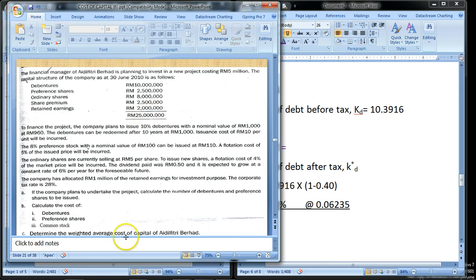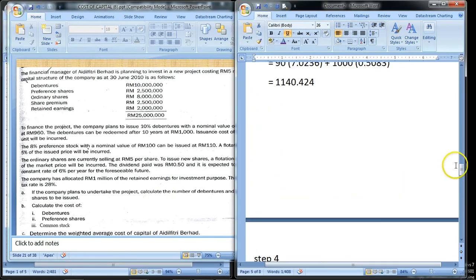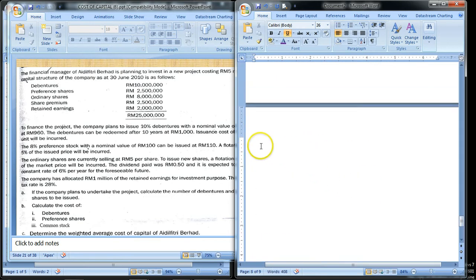Clear? You will get a lot of types of questions. Just for sharing how to calculate weight: if the question does not give you any weight, you can do it like this for bond or debentures.